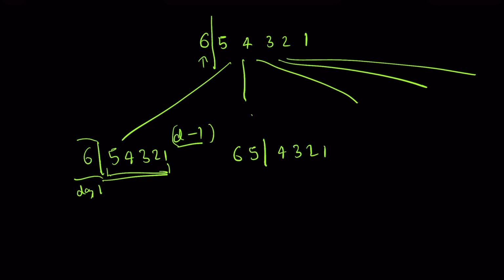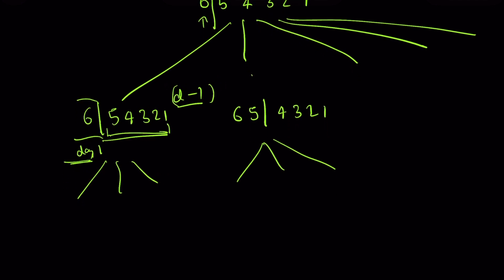Then you will get the answer maximum in day 1 plus the job difficulty of this subarray. So this will again form a tree, and similarly this will also form a tree based on how you decide to partition it.